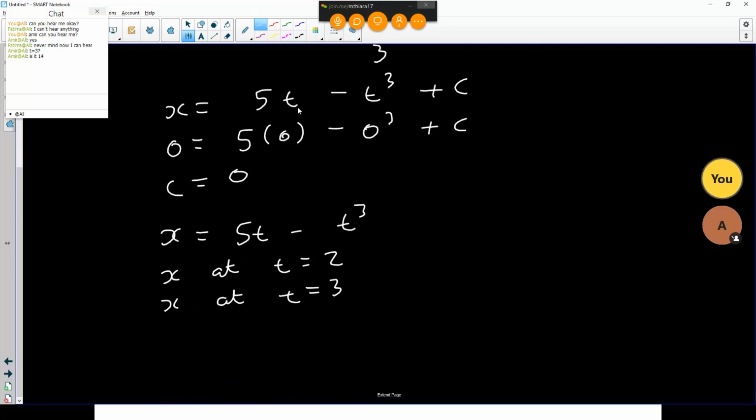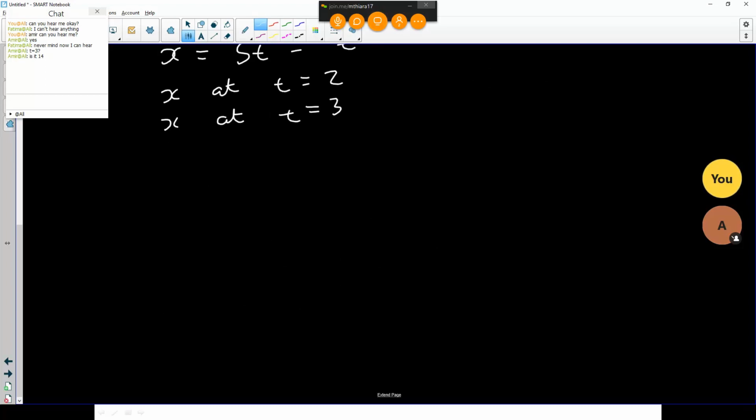So here, instead of working out what c is and having to worry about what c is, the distance travelled is equal to the area under the velocity time graph.